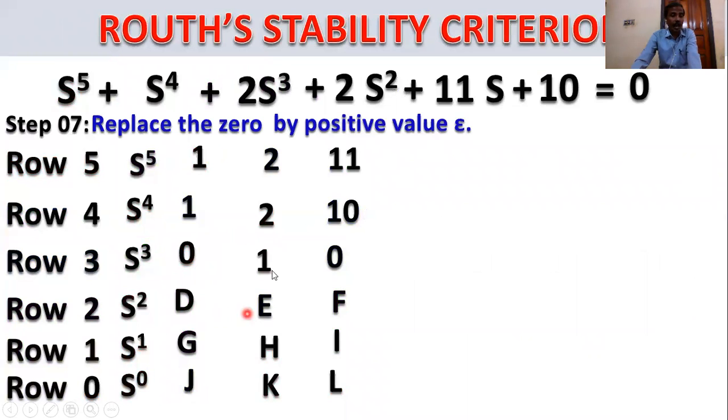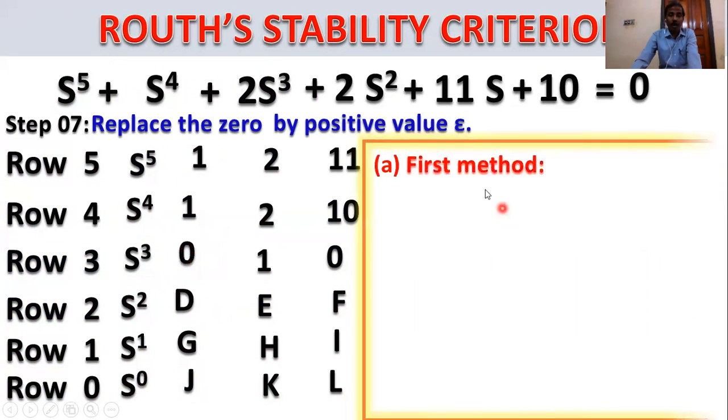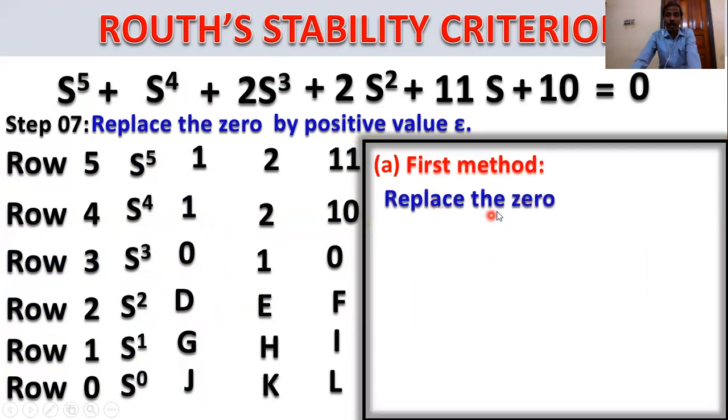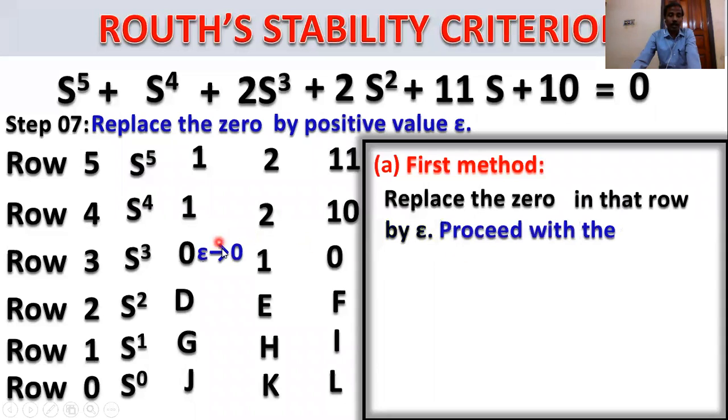Next step, this is the Routh array, already discussed. Third row, first element 0. What is the first method? Replace the 0 in the row by epsilon. So in this position, replace with epsilon, and epsilon is positive and tends to 0.